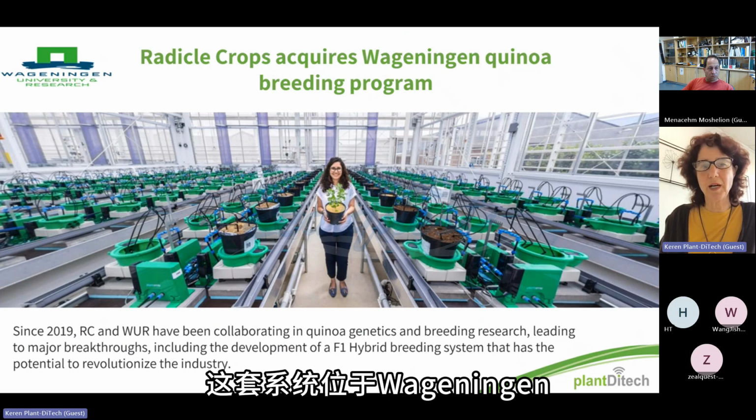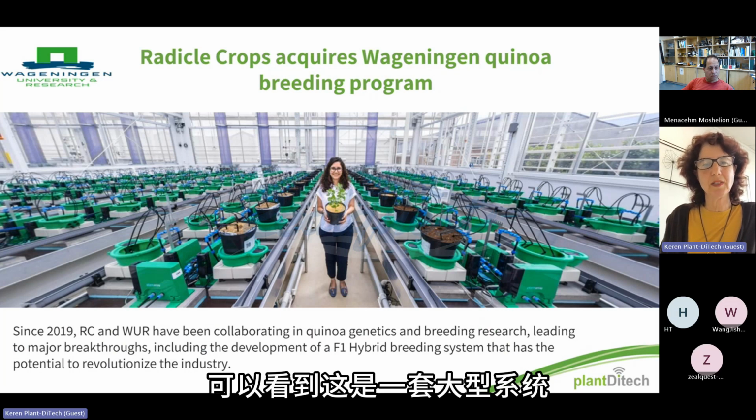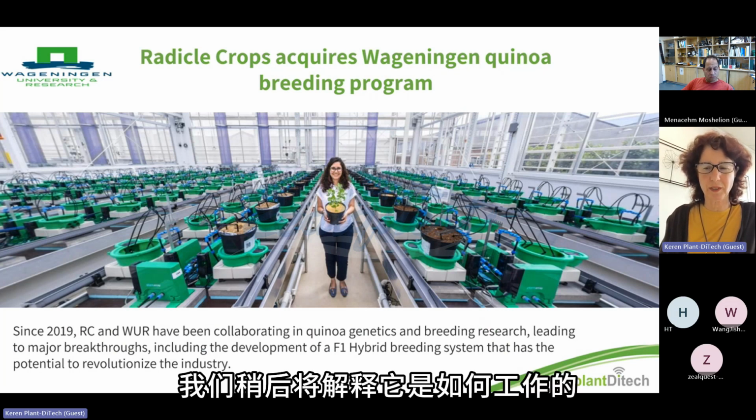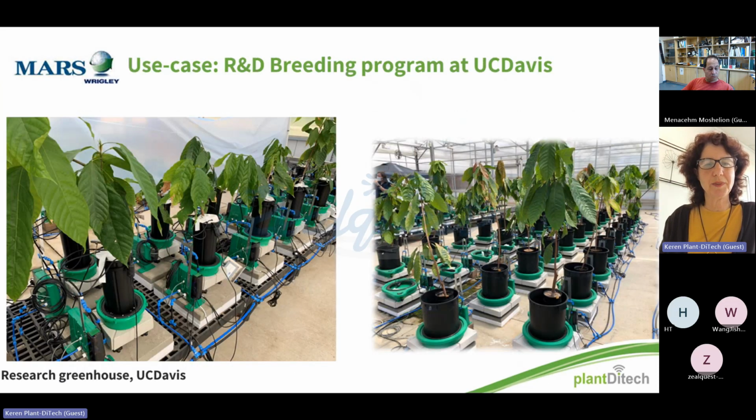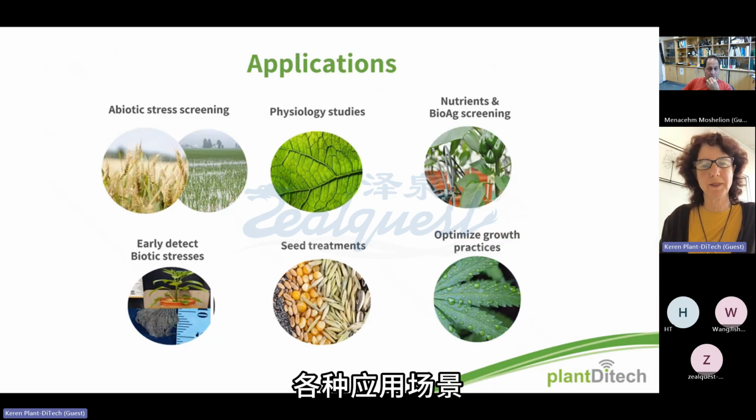This is the system, how it looks at Wageningen. You can see a large-scale system, and we will explain later on exactly how this works. This is in Mars Wrigley, just to give you a sense how the system looks with different plants and also different applications.